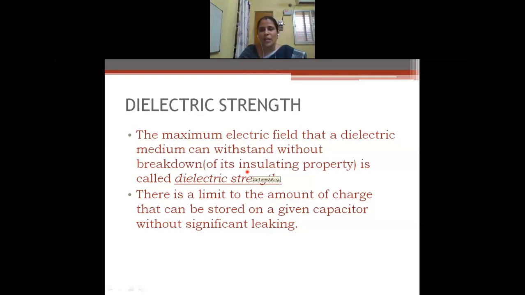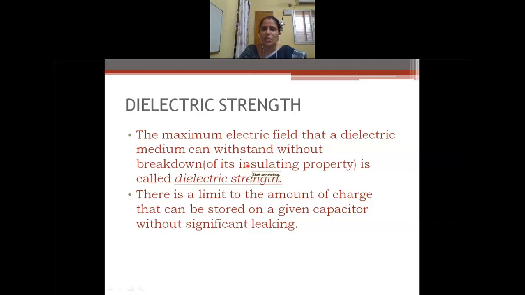We studied that between the two parallel conducting plates we have a dielectric medium, which has insulating property.